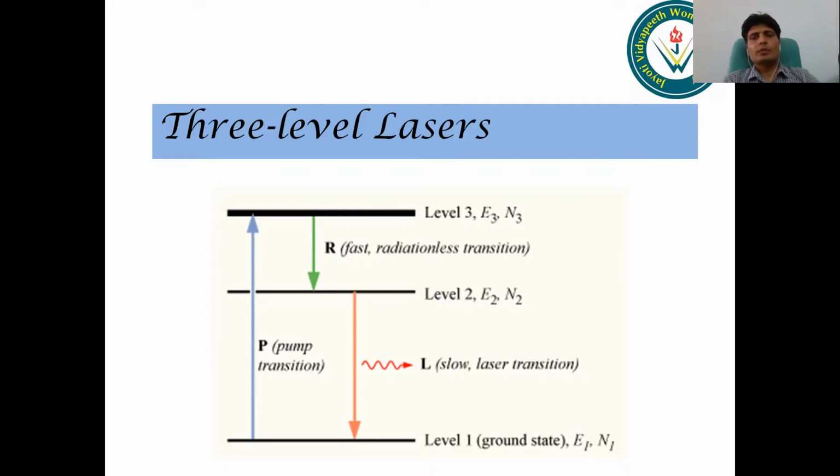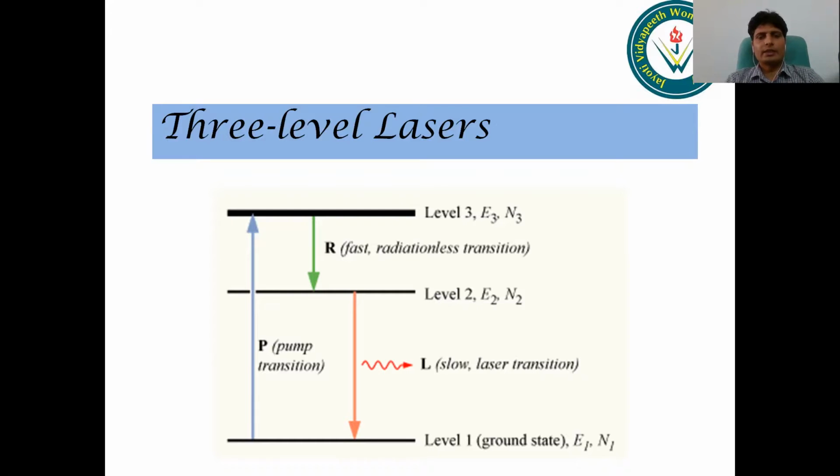This process of population inversion can be done by two methods. One method is known as the three-level laser system. A typical three-level scheme is shown here in the figure. Initially, the atomic population of ground state E1 is maximum.